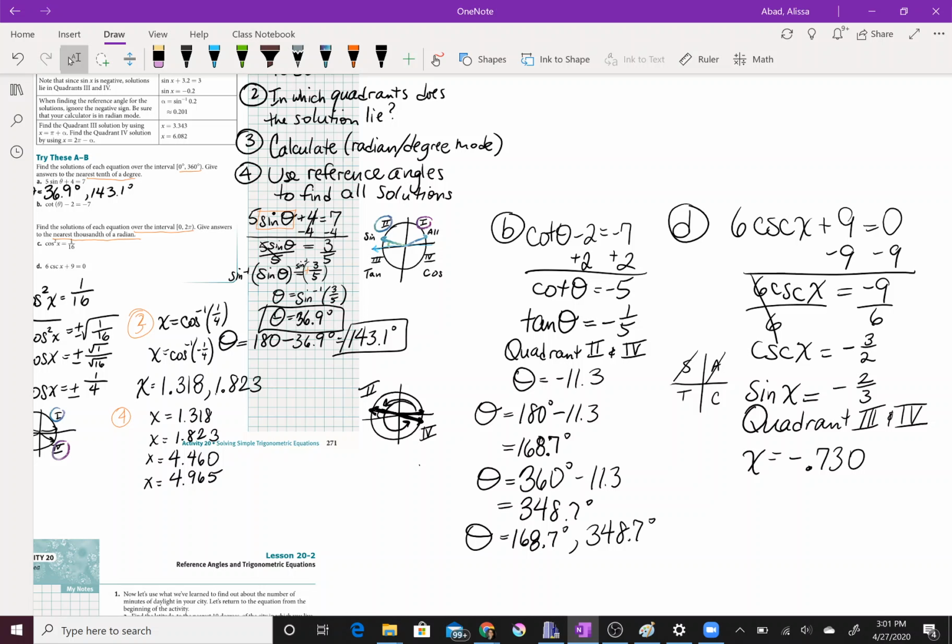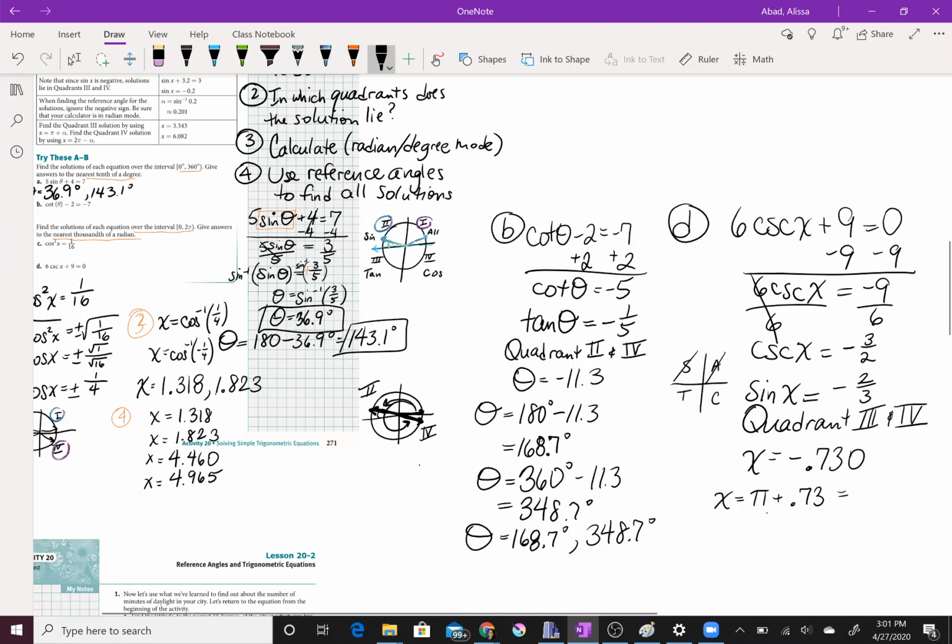For quadrant 3, you're going to have to add pi to this positive 0.73. So let's find out what that is. Pi plus 0.730.